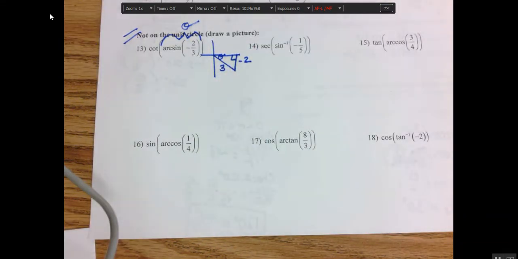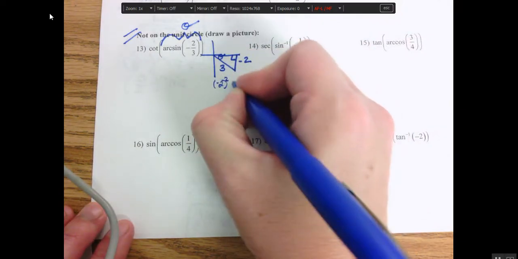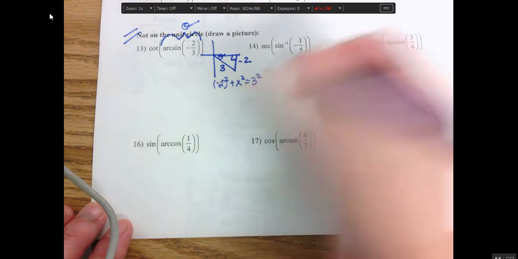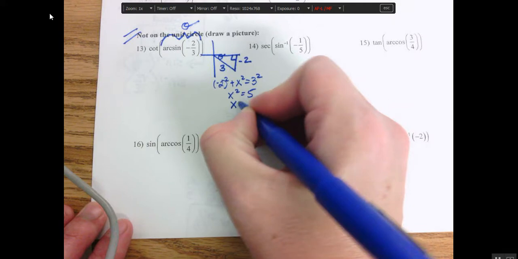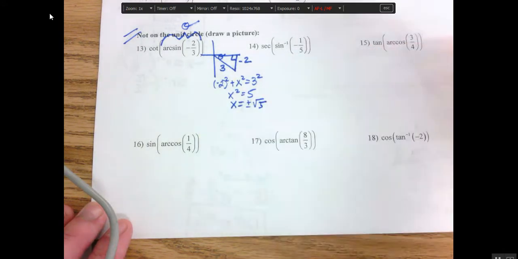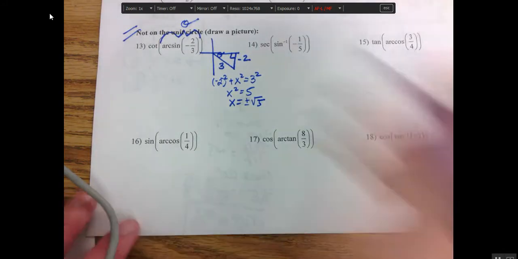And we're going to do Pythagorean theorem to find the missing side. So I have negative 2 squared plus x squared equals 3 squared. All right, and is it going to be positive or negative root 5, guys? Look at your graph. Positive or negative? Positive, good.